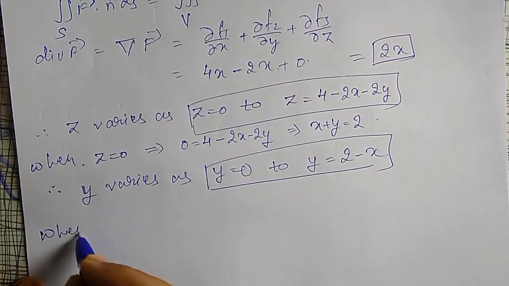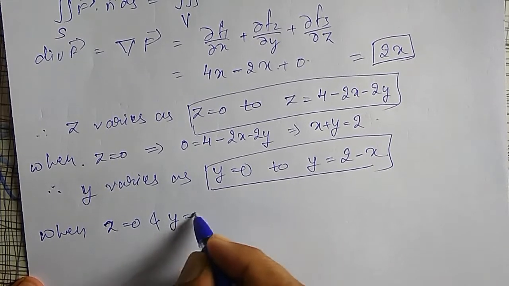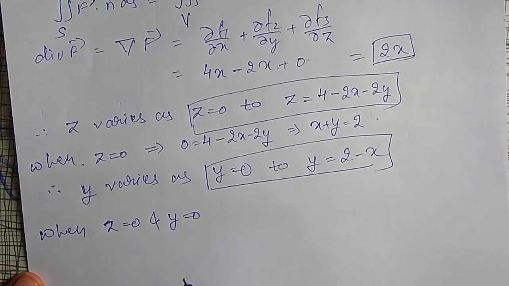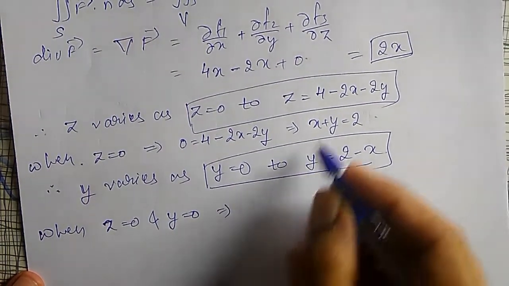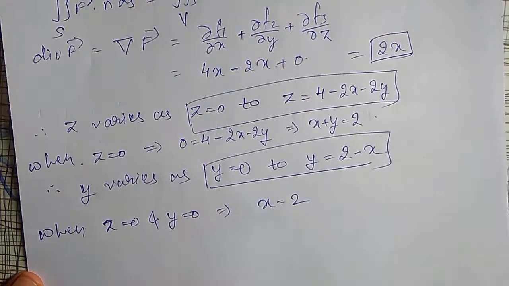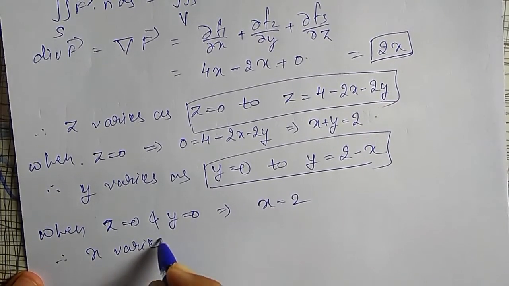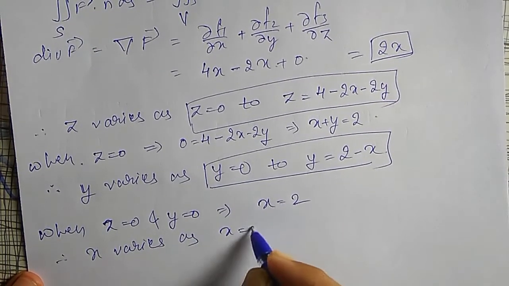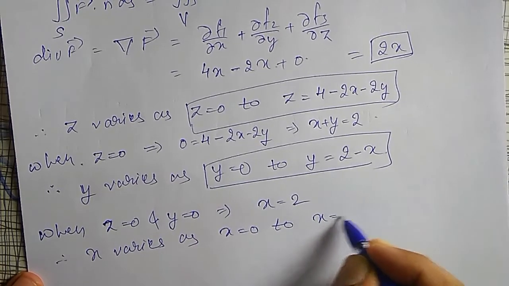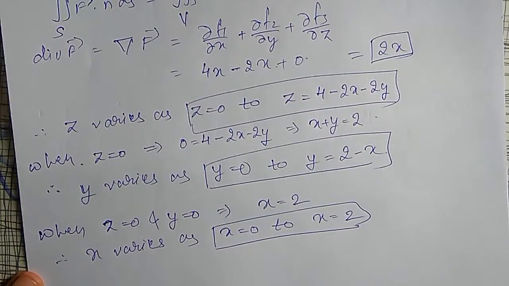When z is equal to 0 and y equal to 0, both z and y are 0, then what it implies here? X is equal to 2. Therefore x varies from x equal to 0 to x equal to 2 from the given set.